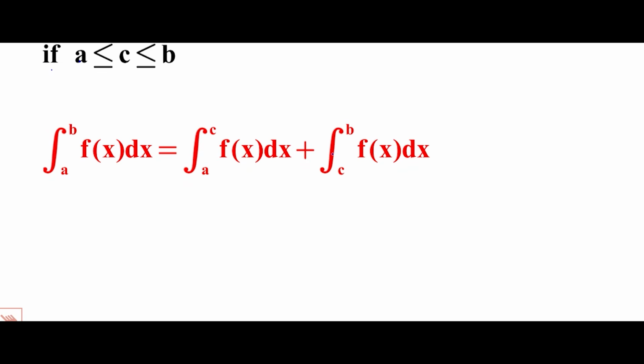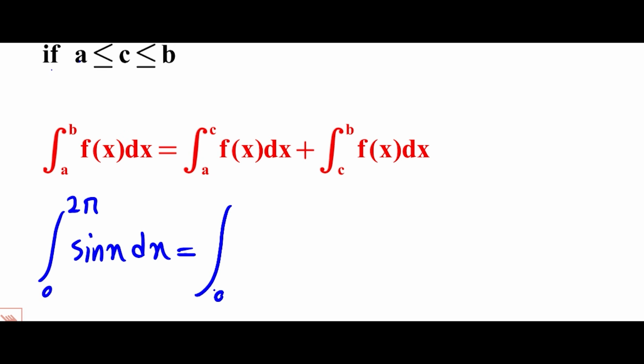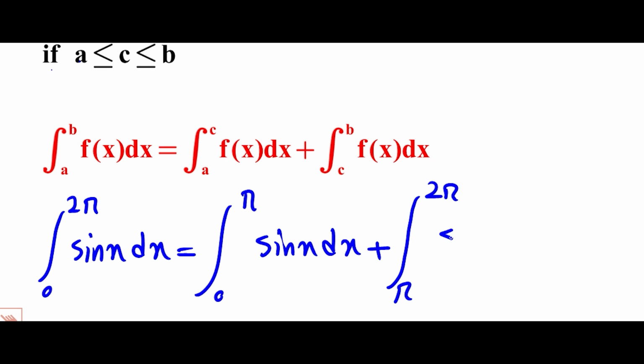For example, the integral of sine of x dx from 0 to 2 pi equals the integral from 0 to pi of sine of x dx plus the integral from pi to 2 pi of sine of x dx, right?